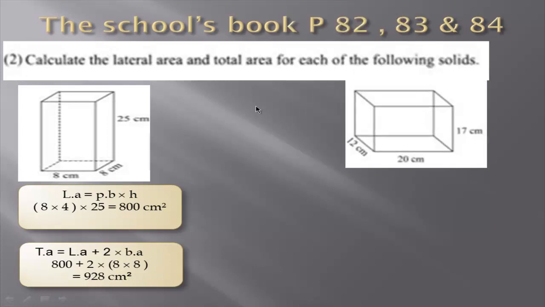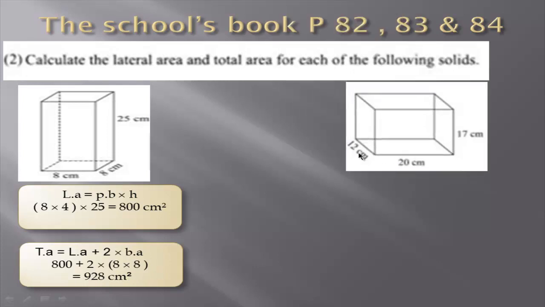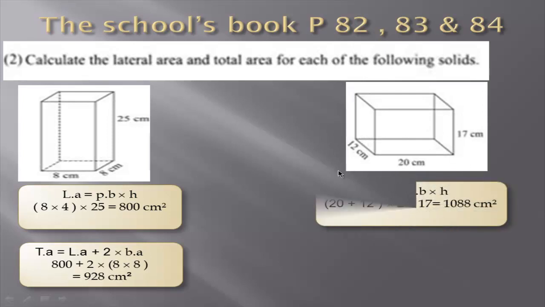Another solid. Here, the 3 dimensions are different, so I have a rectangle base. The lateral area will be the perimeter of the base times the height. The perimeter of the base is (length plus width) times 2. So, (20 plus 12) times 2 times 17 equals 1088 centimeters squared.